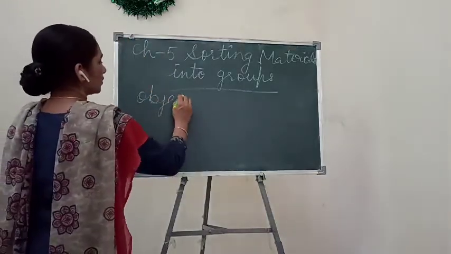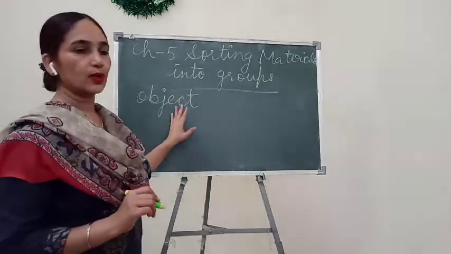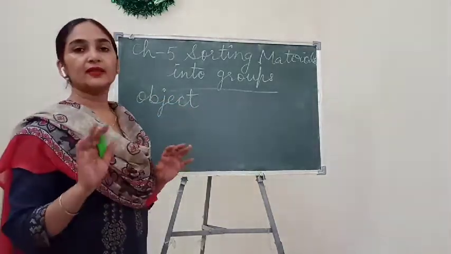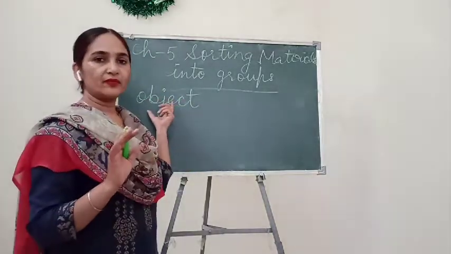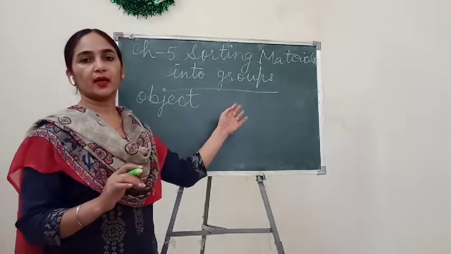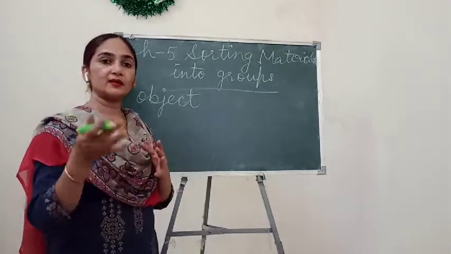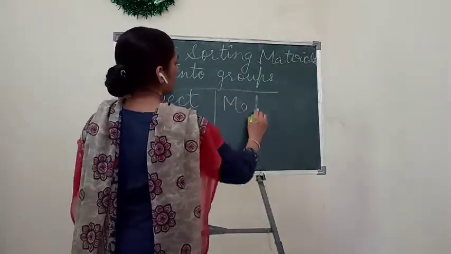Object is a simple English word, and object means anything. Sometimes we can see that a single object is made up of many things, or we can say many kinds of materials.